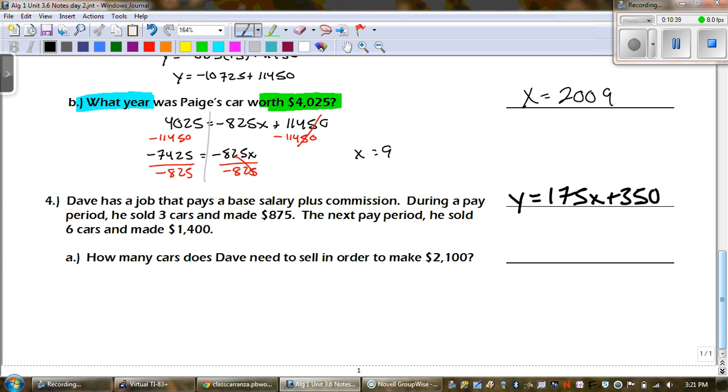They want to know how many cars Dave needs to sell in order to make $2,100. When we did this, we said that X was your cars and Y was your money. So see if you can set this one up all on your own and solve it. When you start up the video, the answer will be there. Good luck.